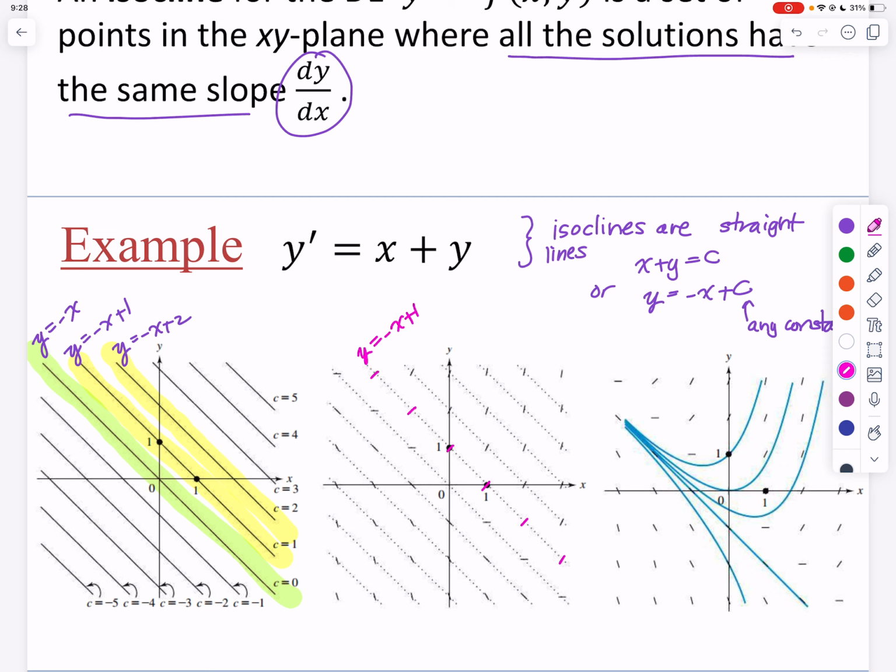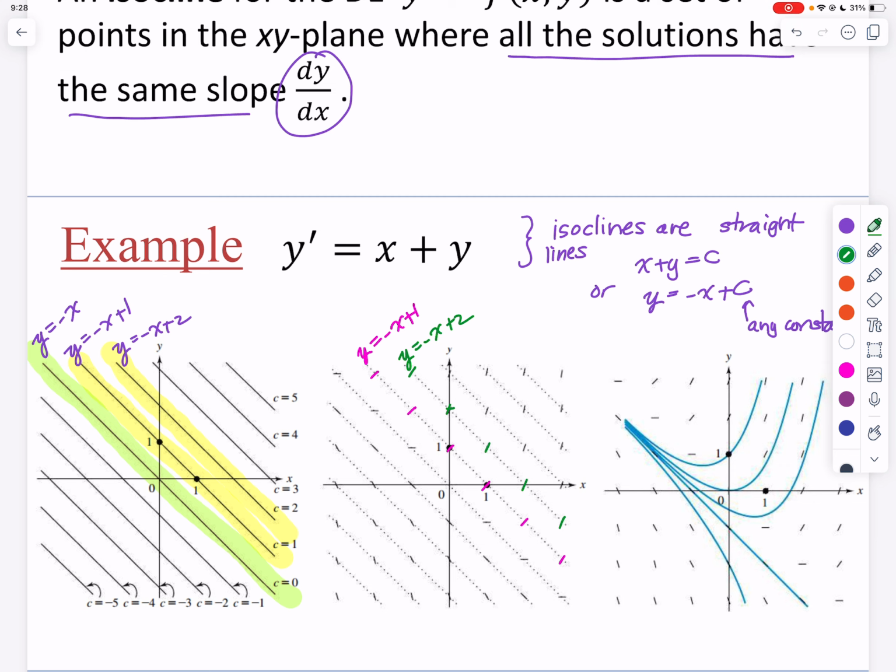And then you can see that for this next one, y equals the opposite of x plus 2, all of the slope marks along that line are the same. And this is what creates the direction field.